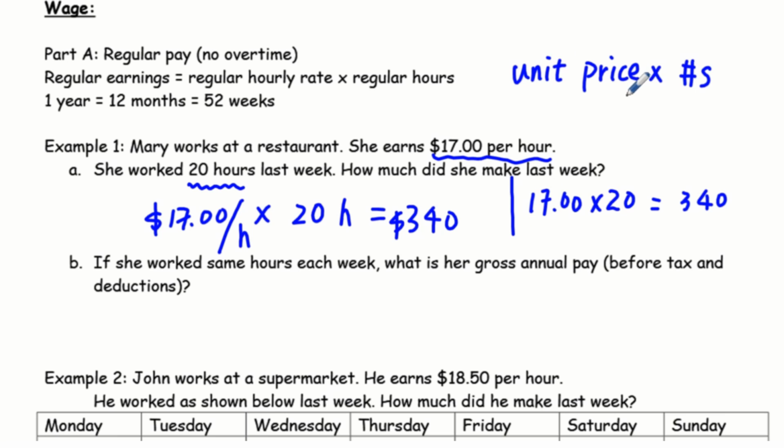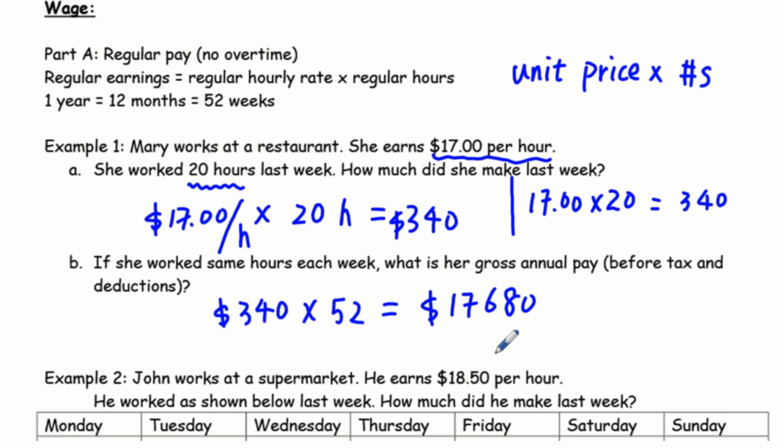This is like a unit price, then times number of weeks, you will get a 1 year annual pay. So the annual pay equals the weekly pay, 340, then times how many weeks? 52 weeks. Then get your calculator out and find the answer for that. Use your calculator, then we figure out it is $17,680 for 1 year before tax and deductions.